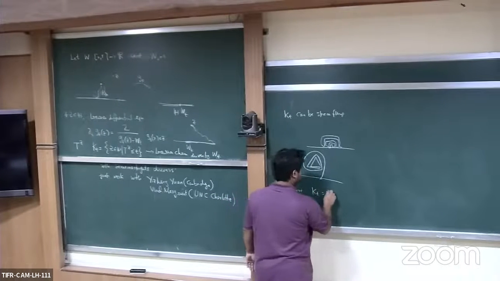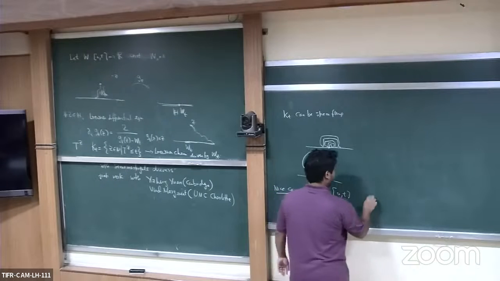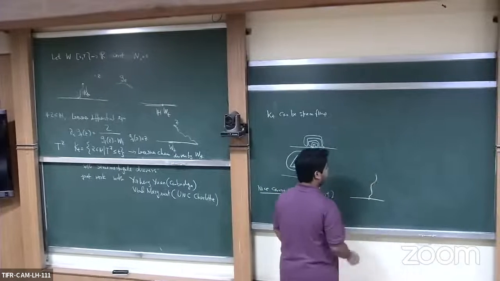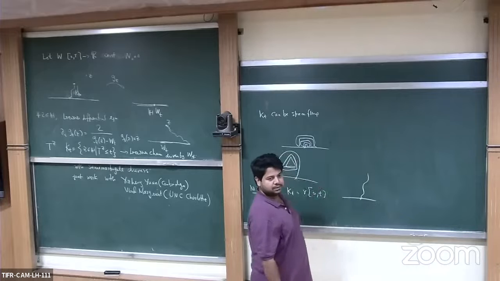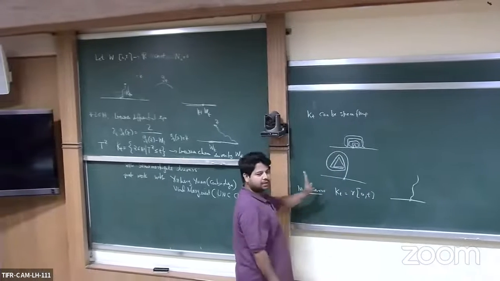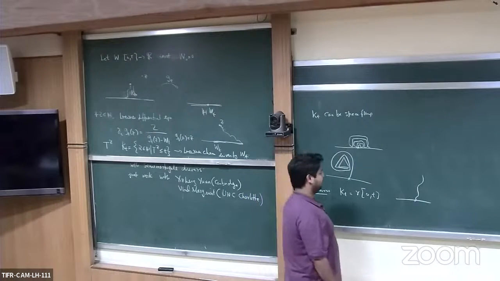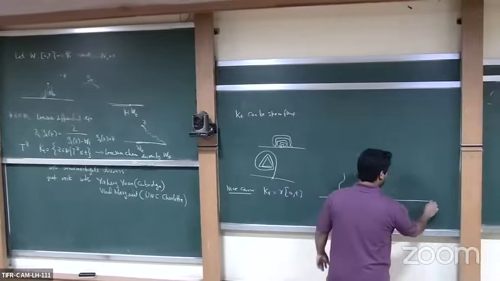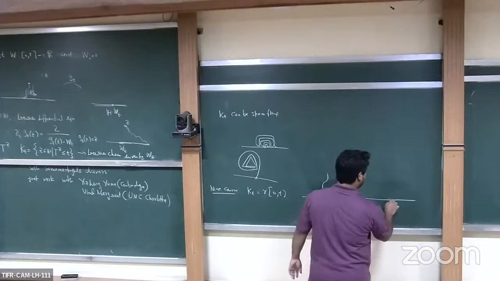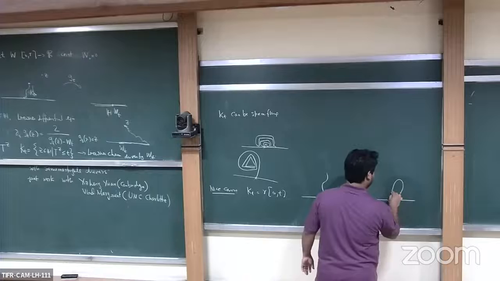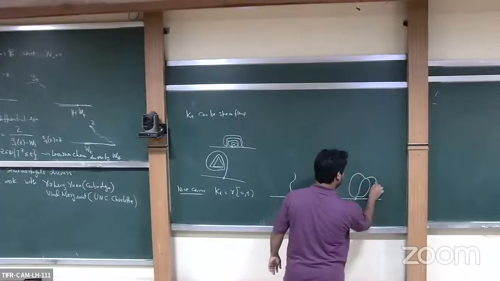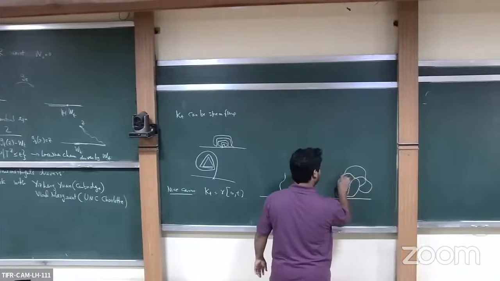K_t is just a simple curve. For example, you have a curve like that, which is simple, which just grows in the upper half plane. This is the nicest possible case that you could have. What you could also have is a curve which is not necessarily simple, but it does intersect itself. Something like that.